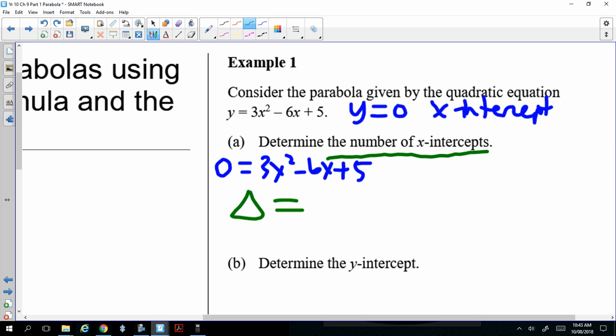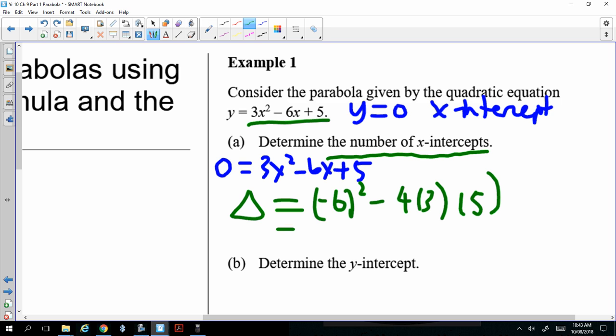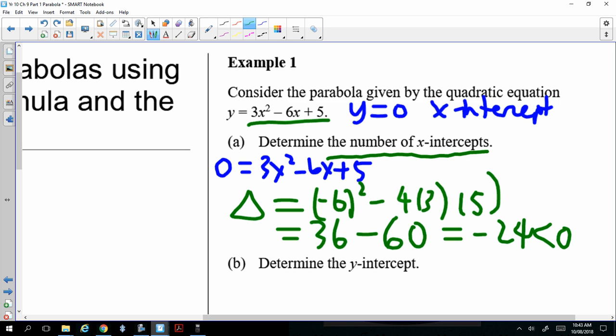The discriminant is negative 6 squared minus 4ac, which is equal to 36 minus 60, which is equal to -24, negative. So how many x-intercepts? No x-intercept. Yeah, so it's very useful.